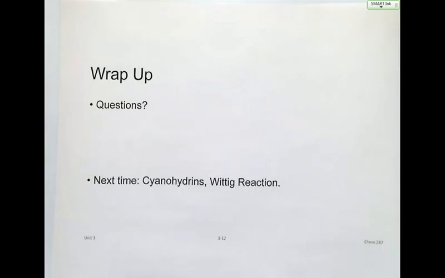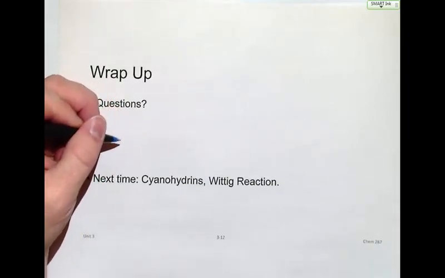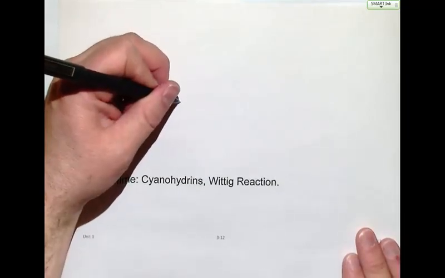Any questions on any of this stuff? We have 5 minutes. Unrelated question: are negative charges, like lone pairs on carbon, most stable at a tertiary or a primary position? Okay, that's a good question. So we know carbocations, right?